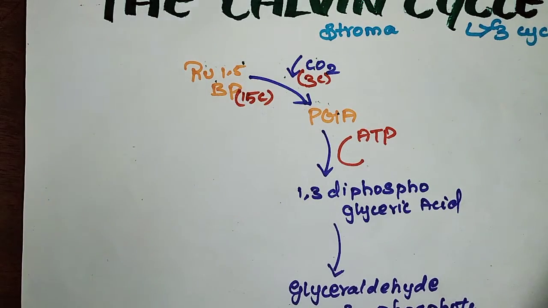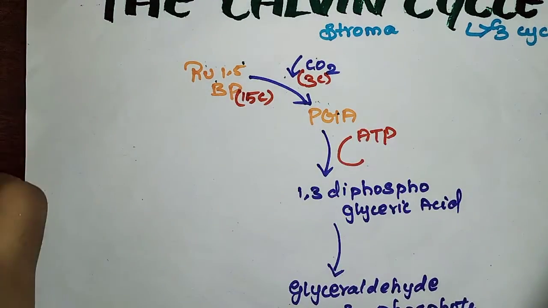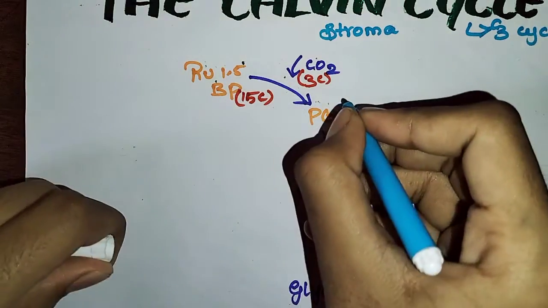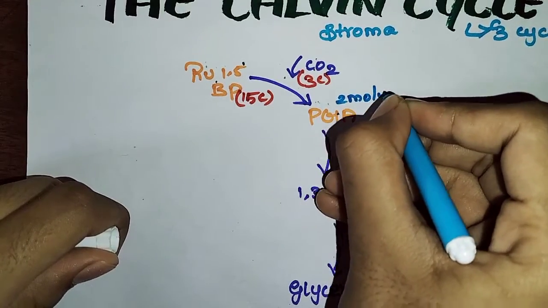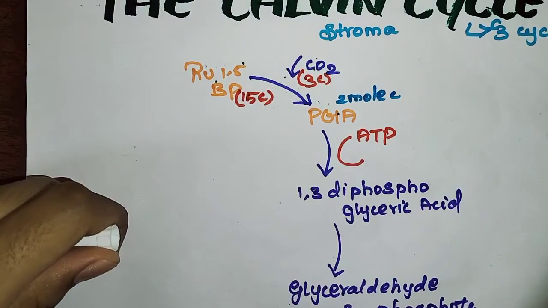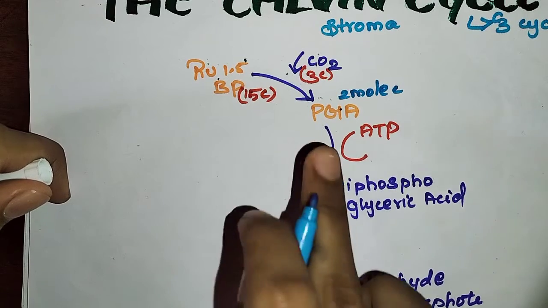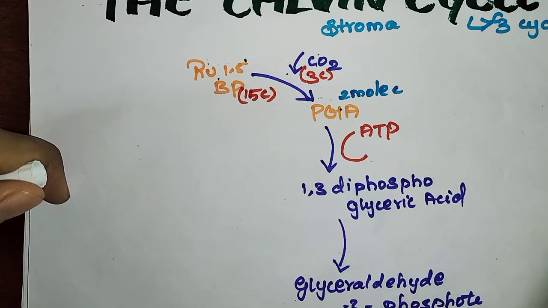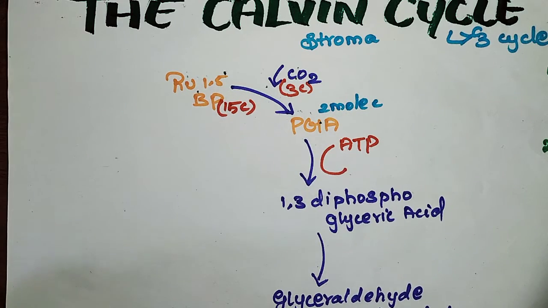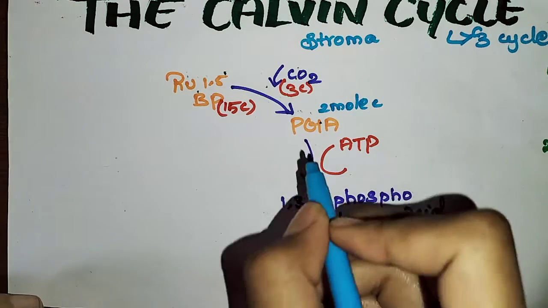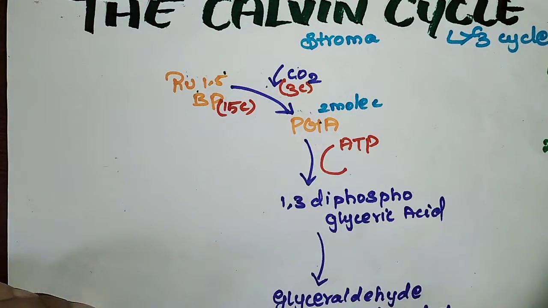So the 18 carbon compound is very unstable, so it breaks into 2. So 2 molecules of PGA are formed. Here the PGA has how much? 18 carbon.